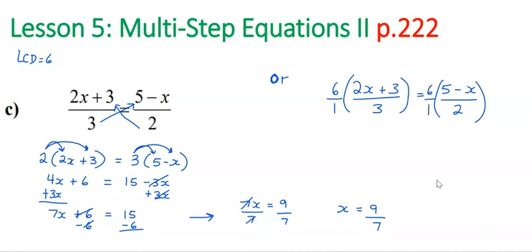And when you go to do the clearing, you're going to divide by 3 and divide by 2. And you will be able to then distribute as we did when we did the cross multiplication. So they're really both perfect. It's a matter of choosing what you're more comfortable with when you have fractions.